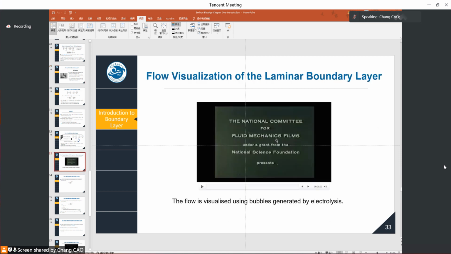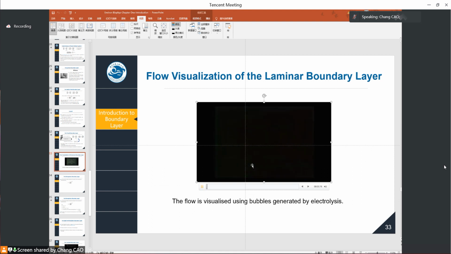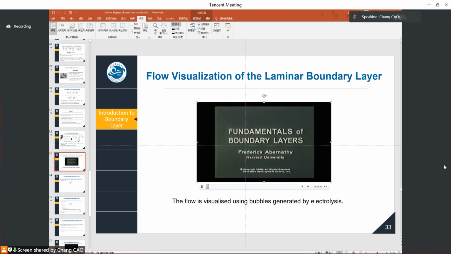So this video has shown us what the laminar boundary layer means. Okay, so let's just look a little bit at this. Please remember that the flow shown here represents laminar flow. It's not turbulent flow.